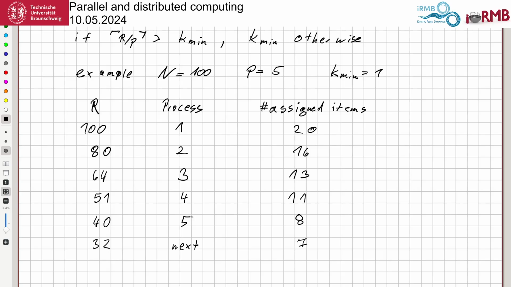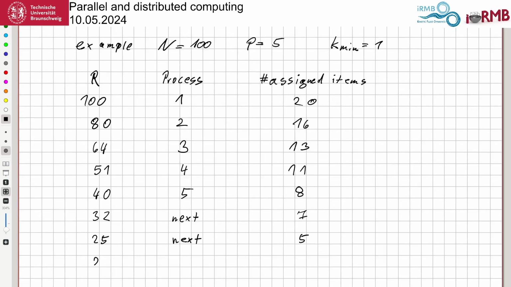And 32, so we take the 25. Okay, that's something I know. It's just the next. It's 5. Then we go to 20. 20 divided by 5 will be 4, giving us 16. 16, the next of 16 again is 4.